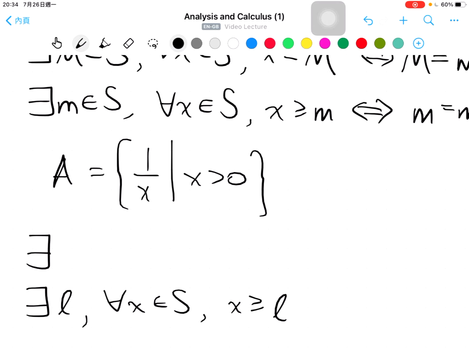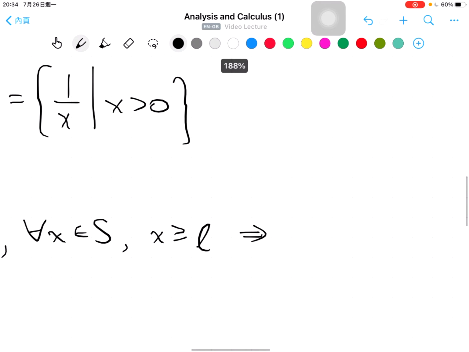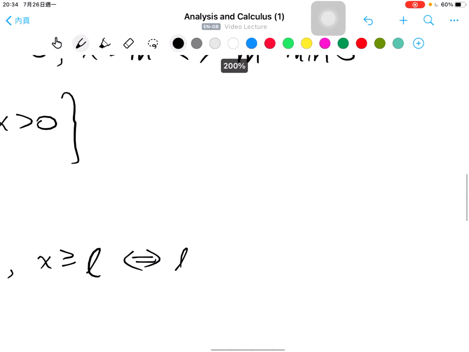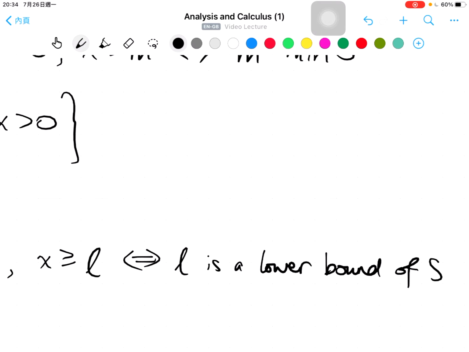It's not inside the set, but if you can still find a number that achieves this, then we call L a lower bound of S.